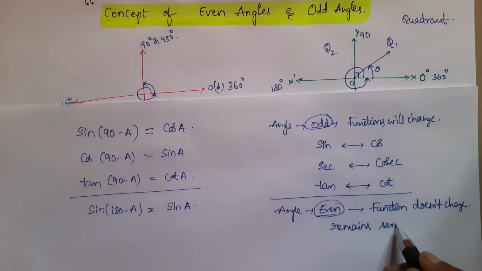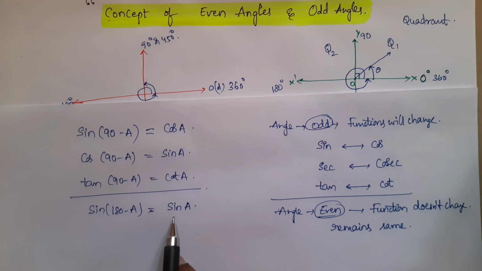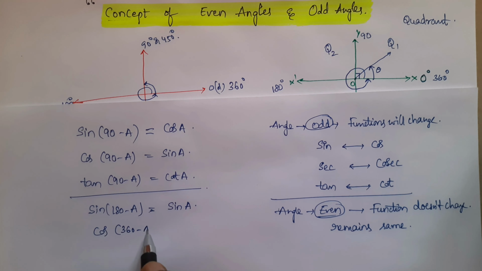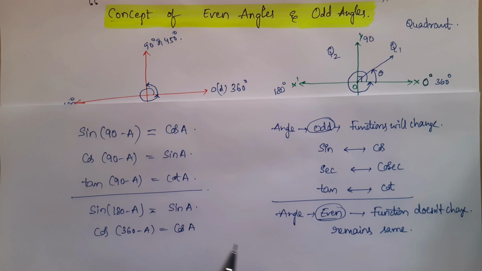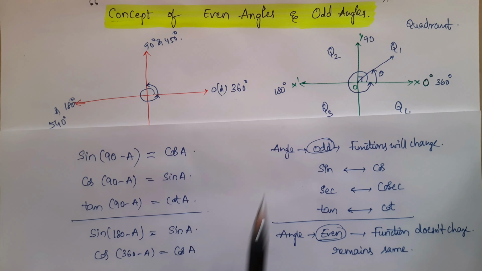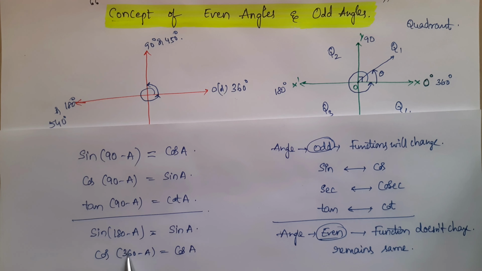That means if sine is there, it stays sine, and if cos is there, it stays cos. For example, cos of 360 minus a is nothing but cos a, because 360 degrees is an angle on the x-axis. When we have angles on the x-axis, the function does not change: sine means sine, cos means cos. These are nothing but transformations.